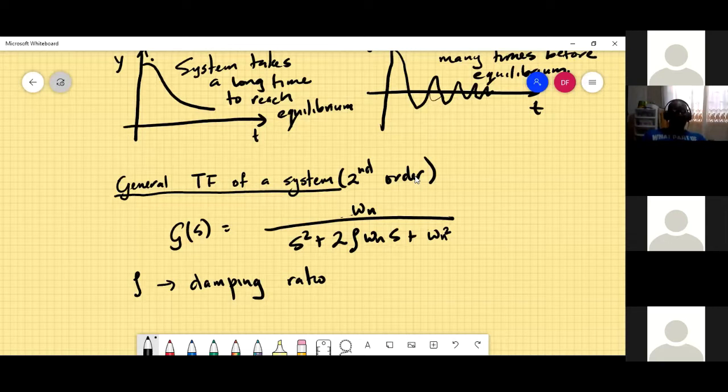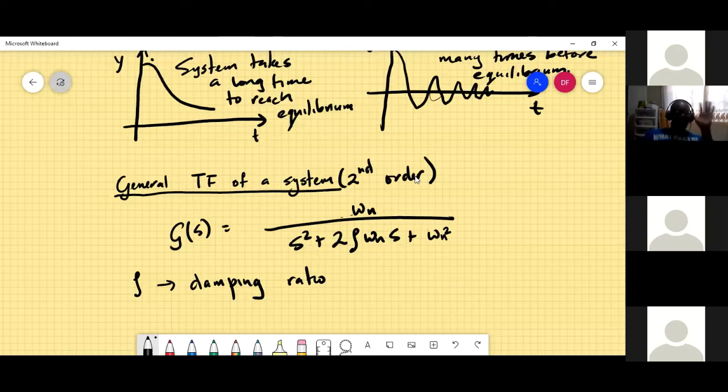Or think of the child on the swing in condensed milk, the thick one. So the damping ratio tells you how much opposition to the motion you would have.